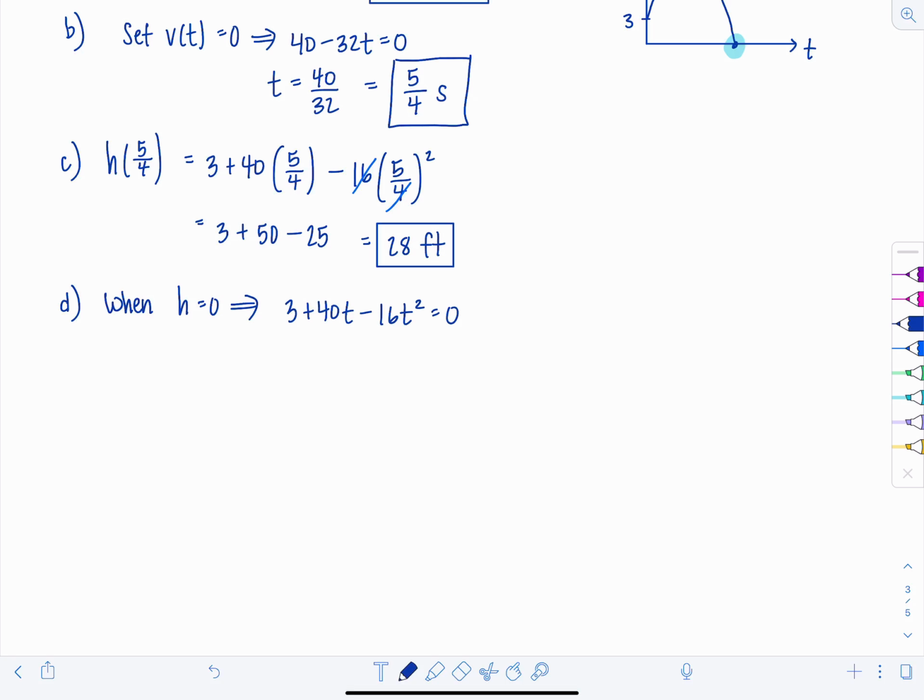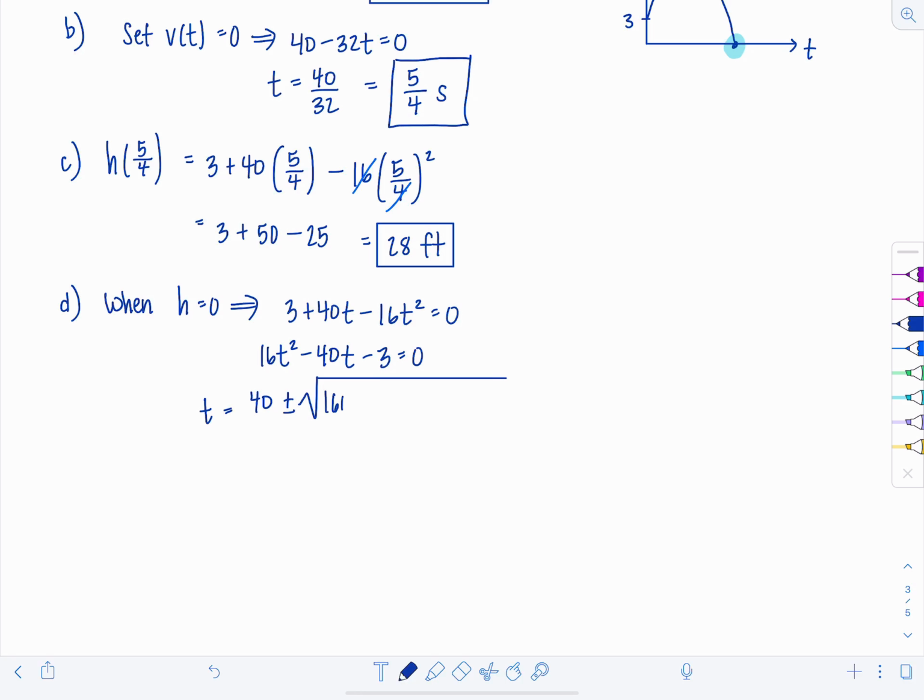I never work with quadratic equations unless the quadratic term's positive. It's just a mess to factor or try to use the quadratic formula on otherwise, okay? So 16t squared minus 40t minus 3 is 0. Yeah, this guy will not factor, so it's quadratic formula time. So we've got t equals opposite of b plus or minus square root b squared.